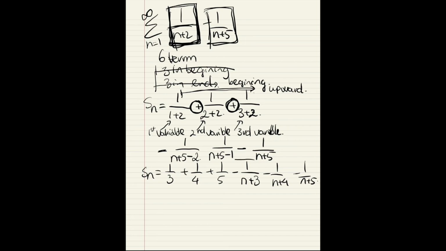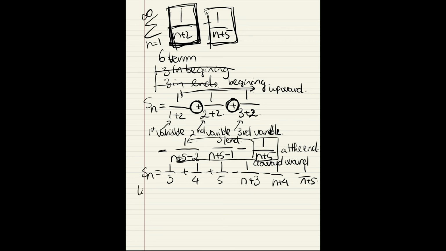So this one is moving downward. At the end, let's move from this function down to here. Three variables at the start, three at the end. Okay.